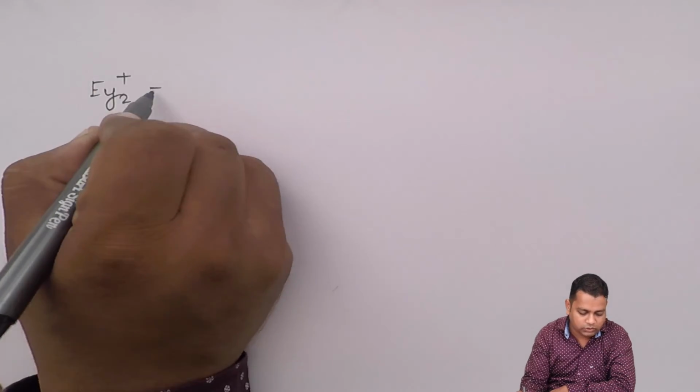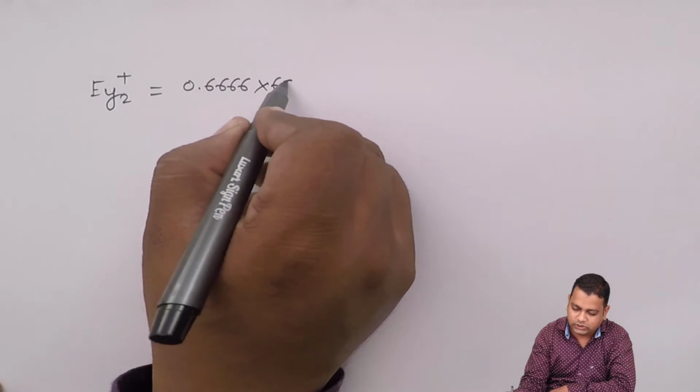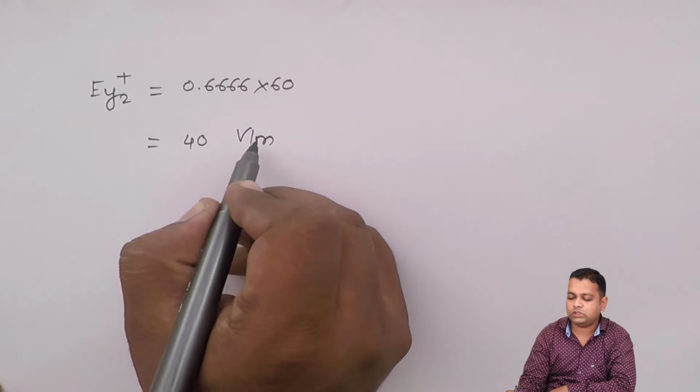So EY2 positive is given by 0.6666 multiplied by 60. This gives us the result 40, in volts per meter.